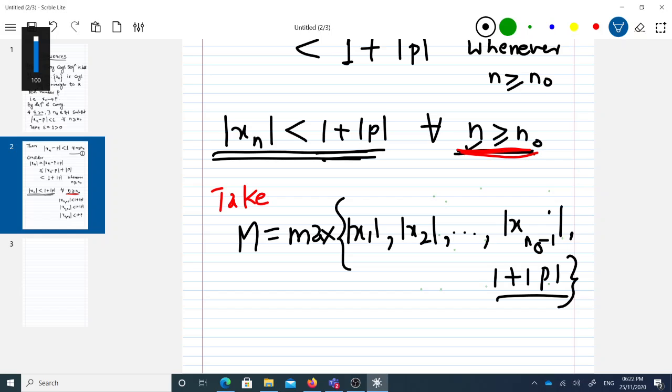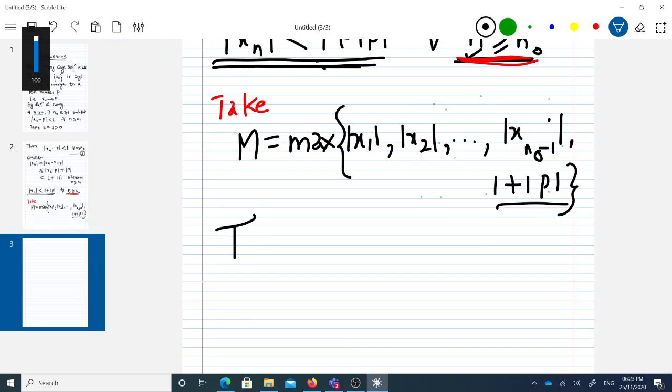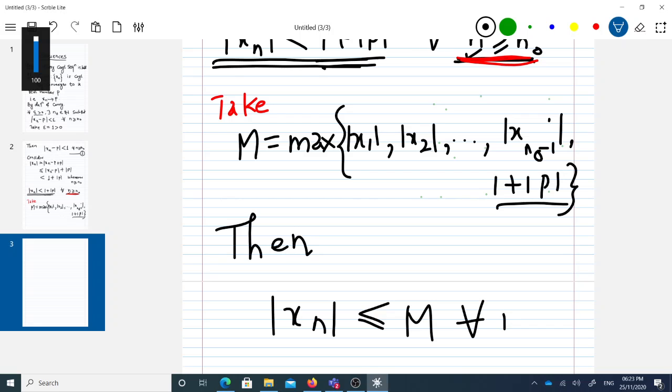So those numbers themselves I will take, and then 1 plus mod p is already there. That means all the natural numbers are covered: x1 to x n naught minus 1, and all the n naught onwards natural numbers are covered because of 1 plus mod p. So if I take this, then I can say that mod xn is definitely less than or equal to M, the maximum, for all n belonging to natural numbers.